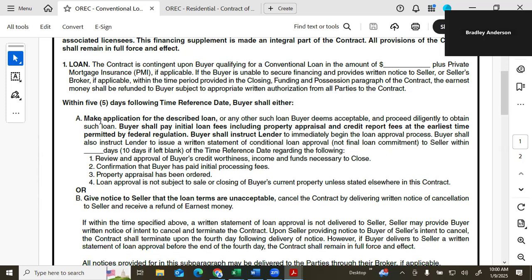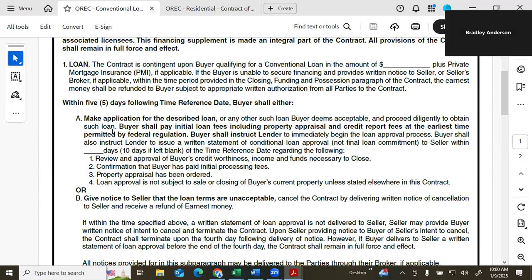One, make application for the described loan or any other such loan buyer deems acceptable and proceed diligently to obtain such loan. So remember, as I've said before, anything that OREC puts in these contracts that's bolded or underlined is really important. So hence the next sentence.